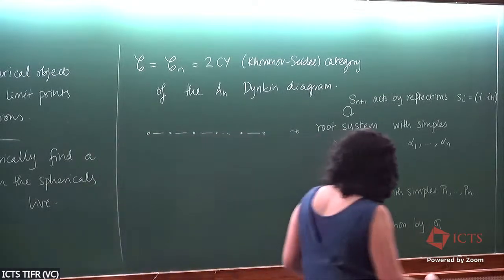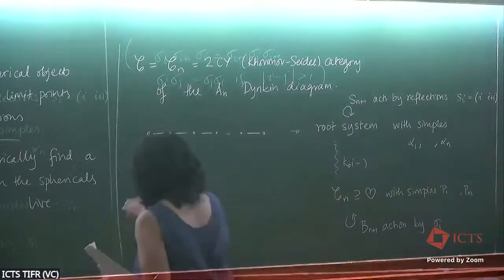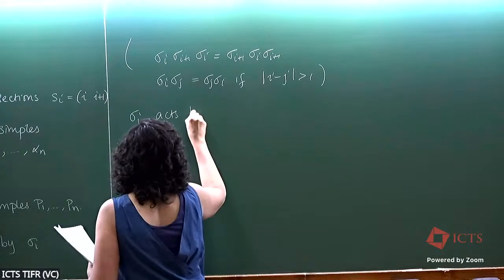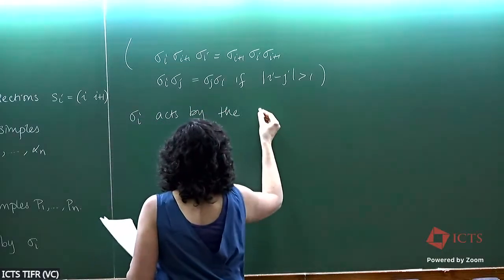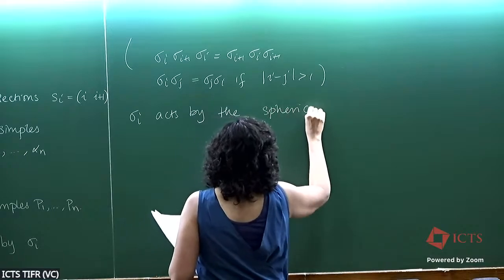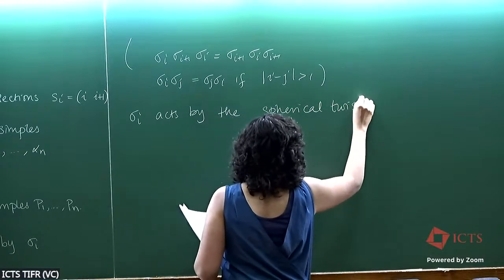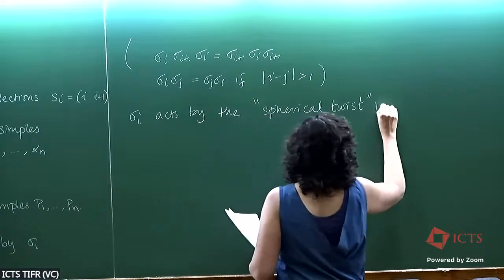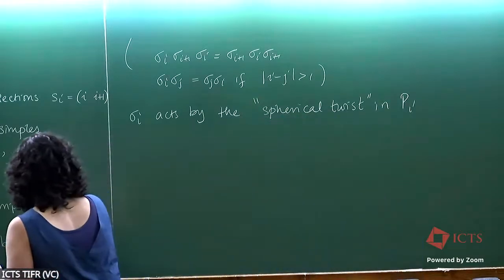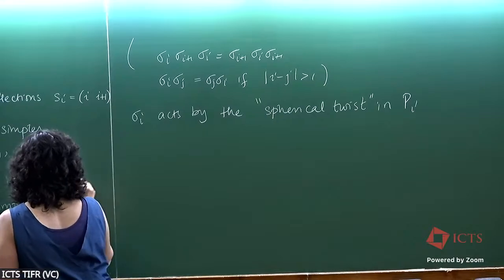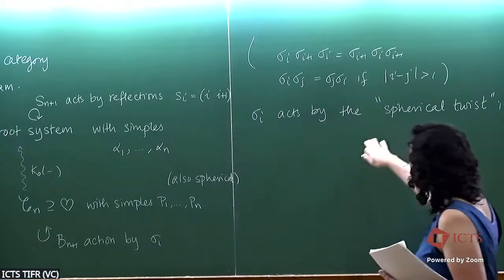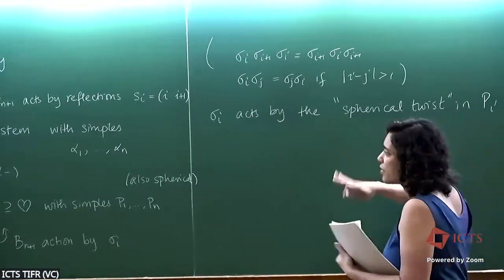Moreover, I should also tell you what this action is. The generator sigma_i acts by what's called the spherical twist, the Seidel-Thomas spherical twist, in P_i. The fact is that these P_i are sphericals. There's an explicit formula for this spherical twist, which I'll write down just for completeness.